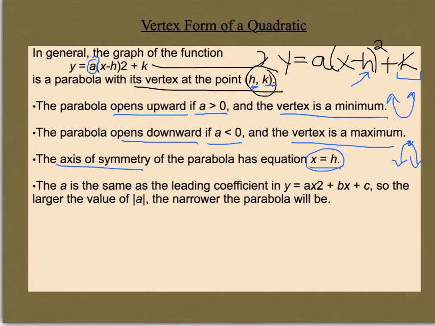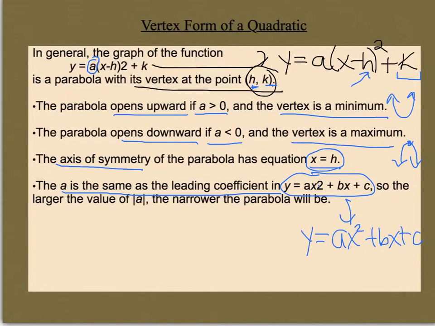The a value is the same as the leading coefficient when your equation, again we have an issue with the formatting here, that 2 should be an exponent, so this should look like y equals ax squared plus bx plus c. And in vertex form, this a value is the same as the a value in our standard form.